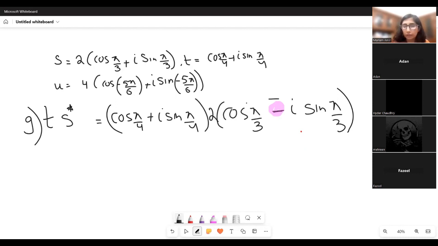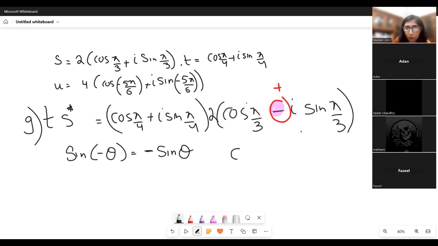So now to handle that, I want that to be negative and I want this to be positive. For this, you must know these two properties of sine and cos. One property is that sine minus theta equals minus sine theta, and the other is that cos minus theta is just cos theta.